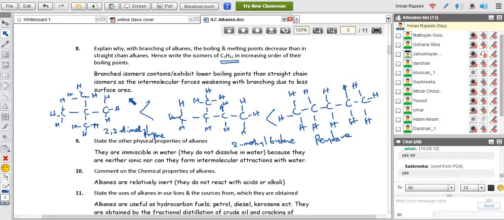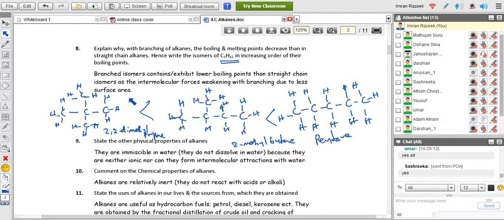We will also study this under Unit 2 in detail, the concept of solubility, because for a substance to be soluble, if it is a polar solute, the solvent also has to be polar. If the solute is non-polar, then the solvent should be non-polar in order to dissolve it.